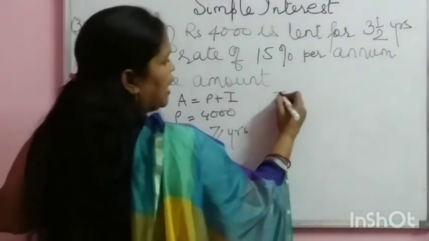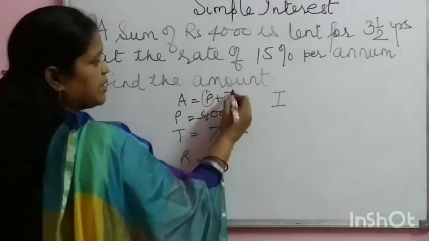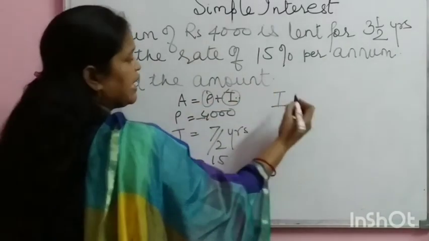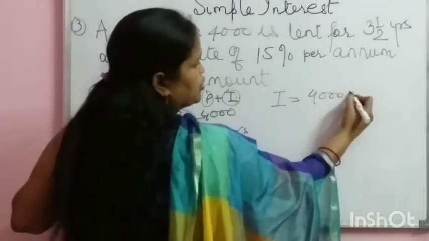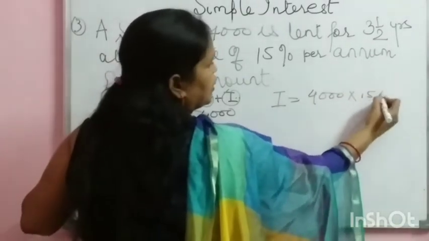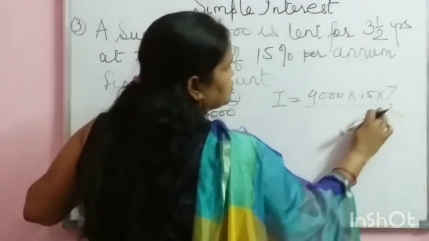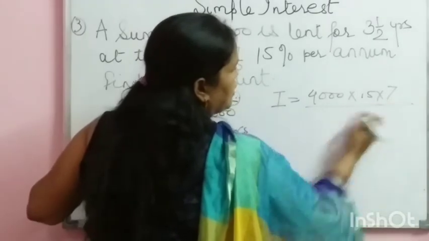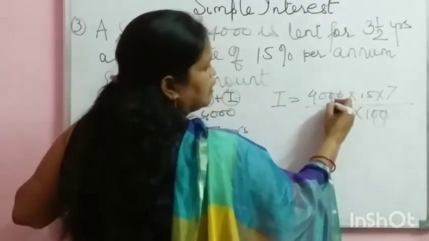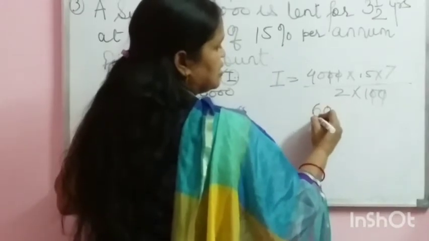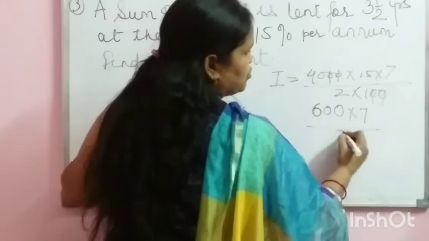So I क्या होगा, क्योंकि हमको P तो पता है, बट हमको I नहीं पता, तो I पहले कैलकुलेट करेंगे। I is equal to P into R into T upon 100, आप ऐसे लिख लीजिए, चाहे ऐसे लिख लीजिए. 60 into 7/2.